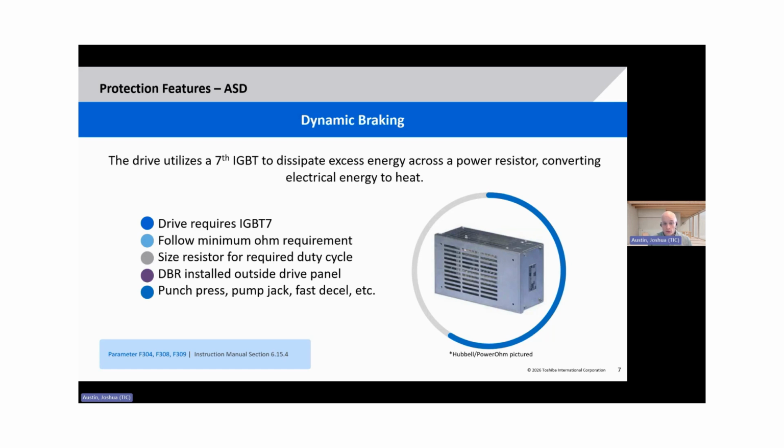One thing to note also is that those dynamic braking resistors, because they do get hot, are typically installed outside of any type of drive panel or industrial control panel. Some example applications could be a punch press, pump jack, or any application where you have a quick deceleration.